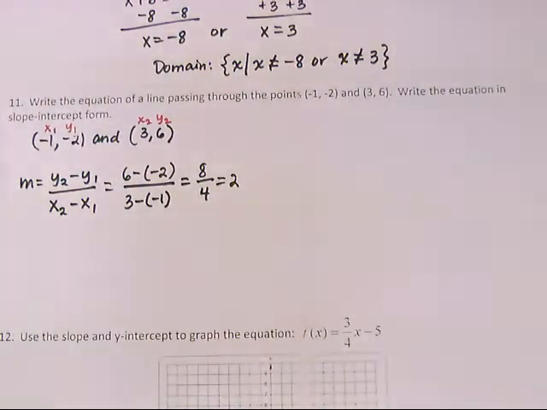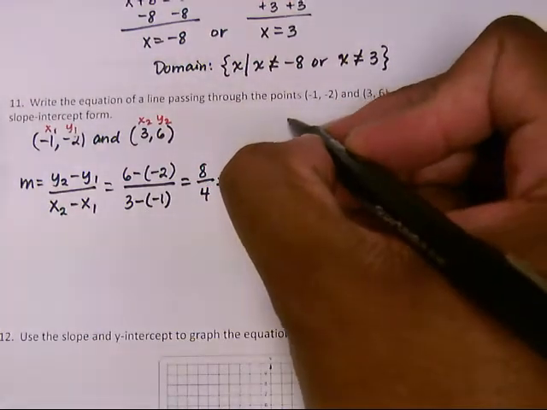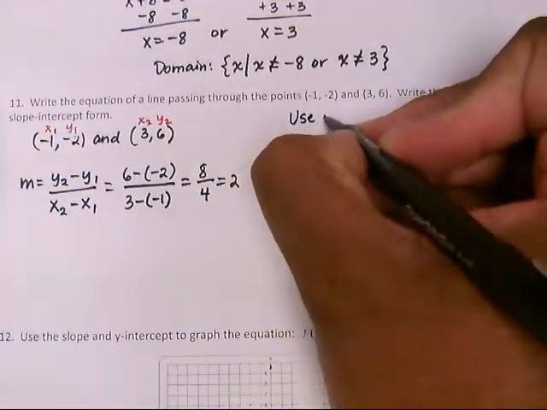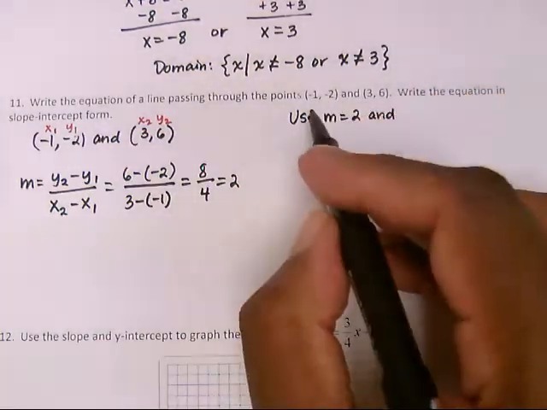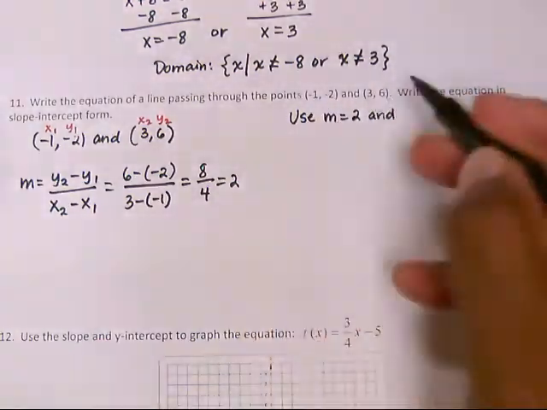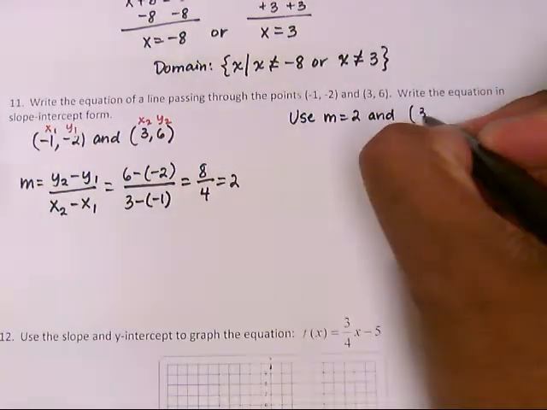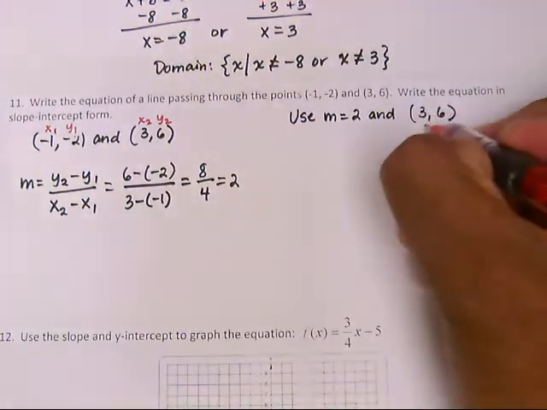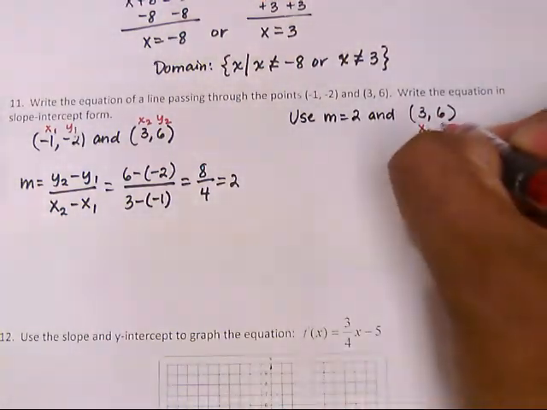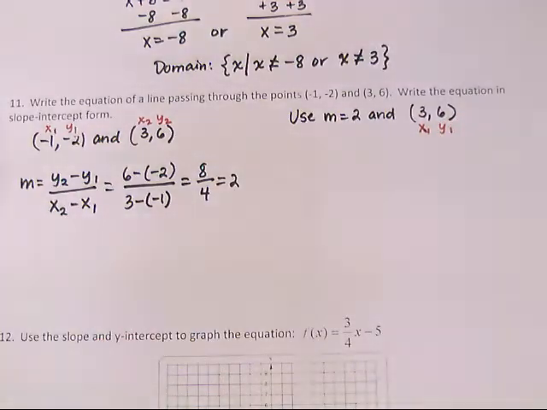But we want the equation. So here we're going to have to use our slope of 2, and we could use either one of these 2 points here. I'm going to use the second point, 3, 6. That way I won't have to deal with a bunch of negative signs here. So if I use 3, 6 as the ordered pair, x1 will be 3 and y1 will be 6.